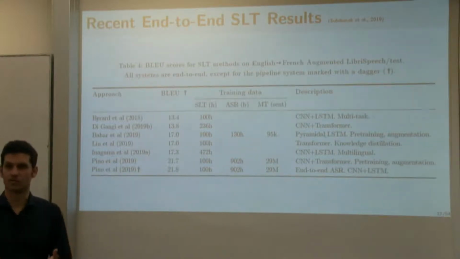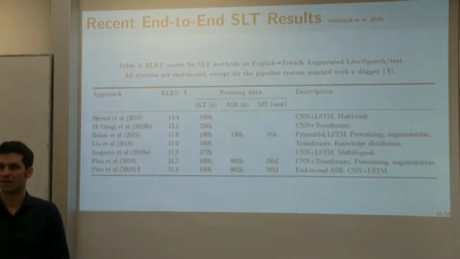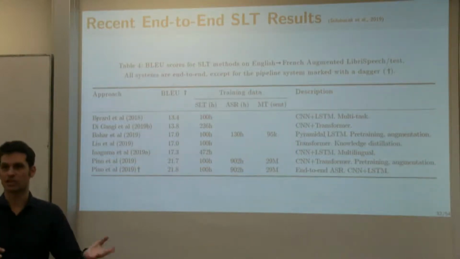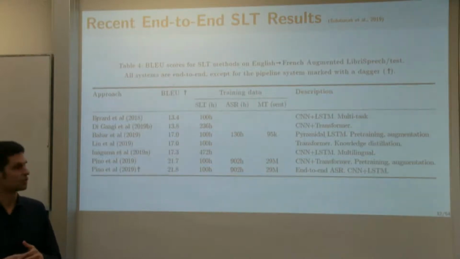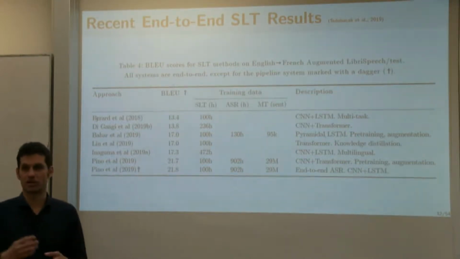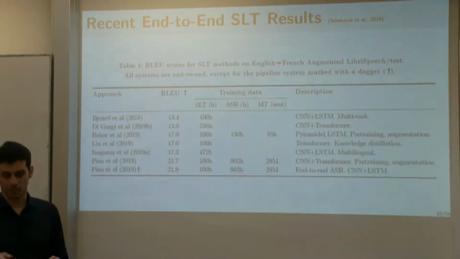So some people use convolution networks and LSTMs, some use convolution networks and transformers, some use pyramidal recurrent neural networks, some use the knowledge distillation, so teacher-student approach, some use pre-training, some use multitask setup. So it's a battle which is still running very fiercely, and we don't know which approach will win.